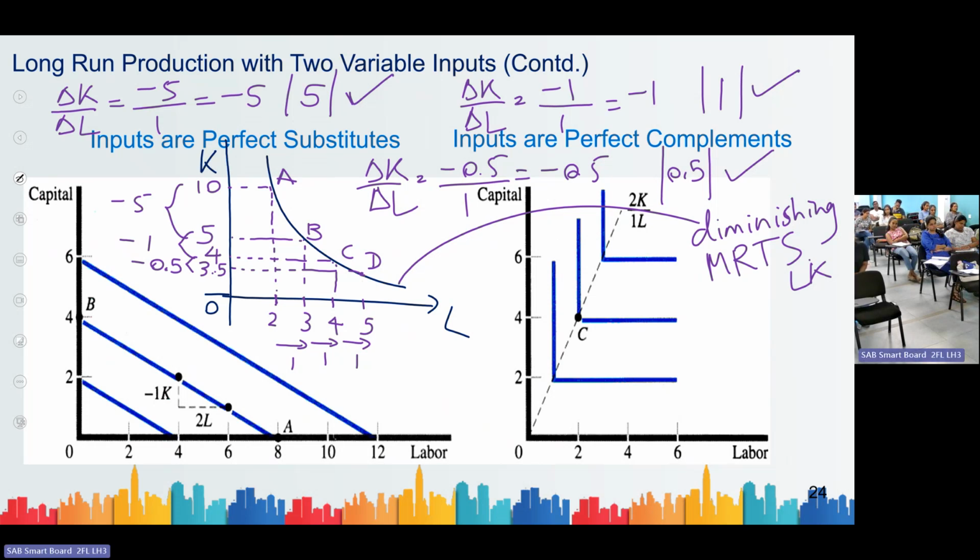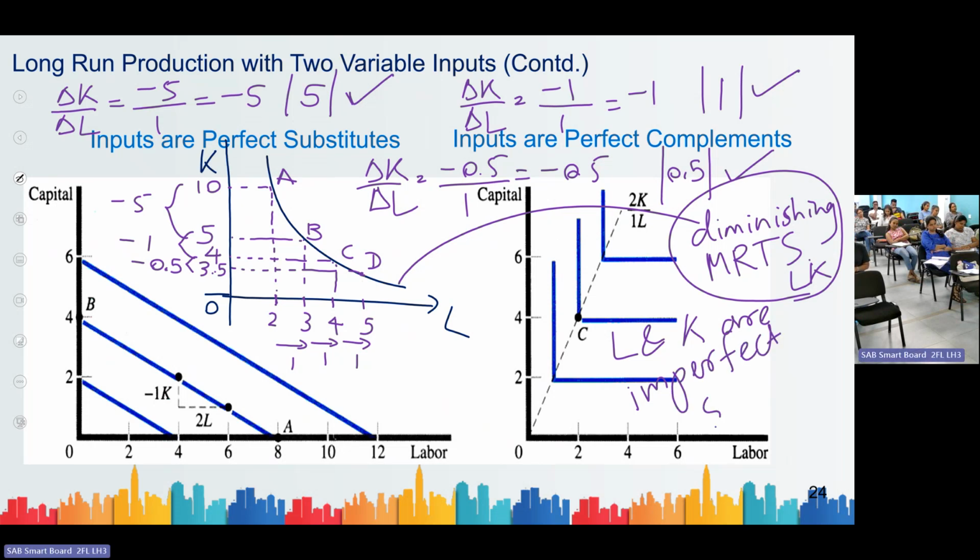It has diminishing marginal rate of technical substitution of L for capital because L and K are imperfect substitutes. They are substitutes, the firm can use capital instead of labor, but not perfectly.